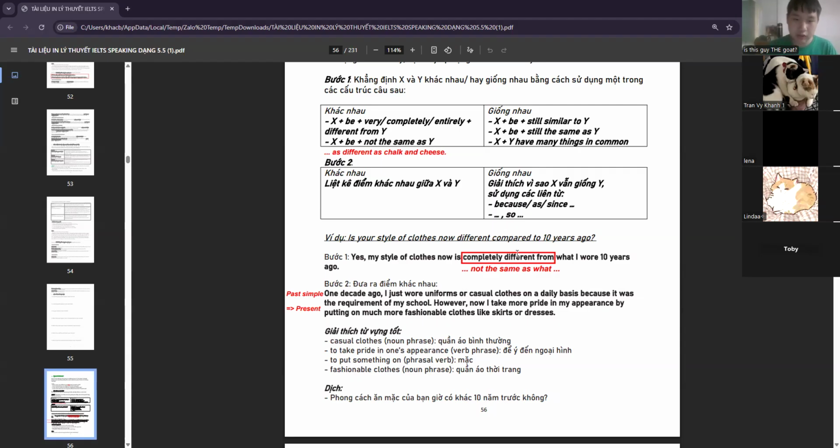So for example, if I did have to answer, I would say, yeah, my style of clothes has completely changed compared to what I wore 10 years ago. Back then, I only wore clothes for really young children because at the time I was 3 years old, and now I wear a lot of shirts and a lot of t-shirts and really longer pants compared to when I was 3 years old back then.